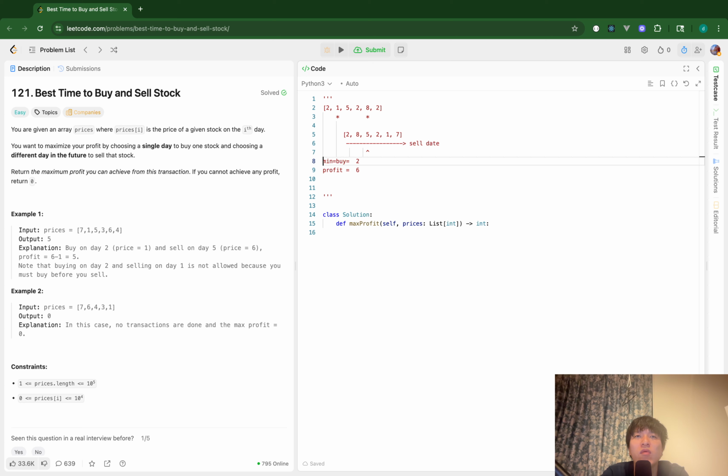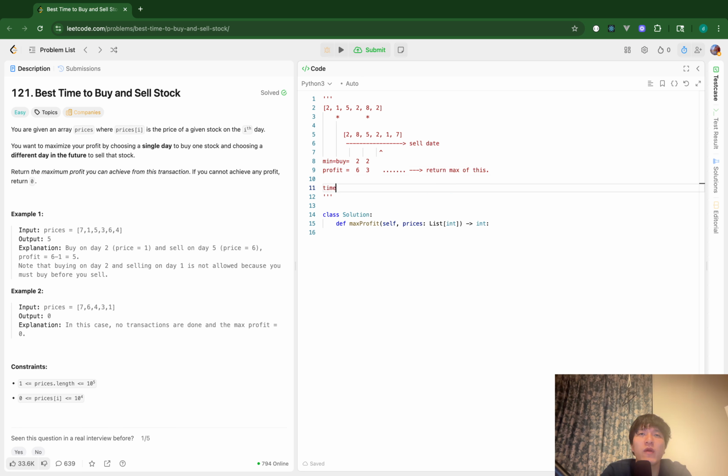When day 2 is the sell date, the minimum so far should be 2. So the profit should be 5 minus 2 is 3. In this way, I traverse the sell date and then I return the maximum of the profit. Okay, so this is what I should do.